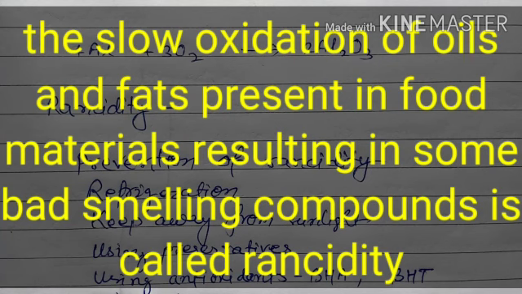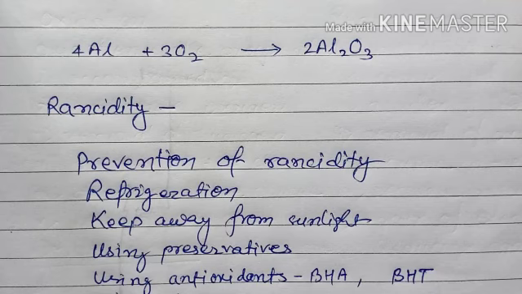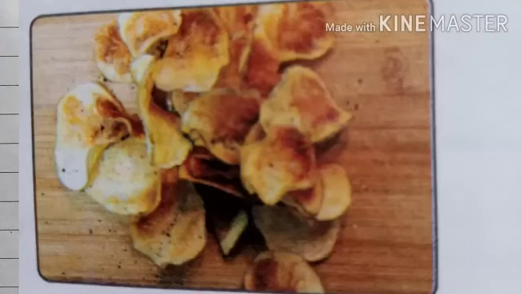The bad smelling compounds are formed due to aerial oxidation of oils and fats, and they even develop some harmful substances like aldehyde and ketone, which cause digestive disorder. The rate of rancidity becomes fast during the rainy season due to the presence of moisture. In moisture, bacterial growth becomes very fast, which spoils the food items.